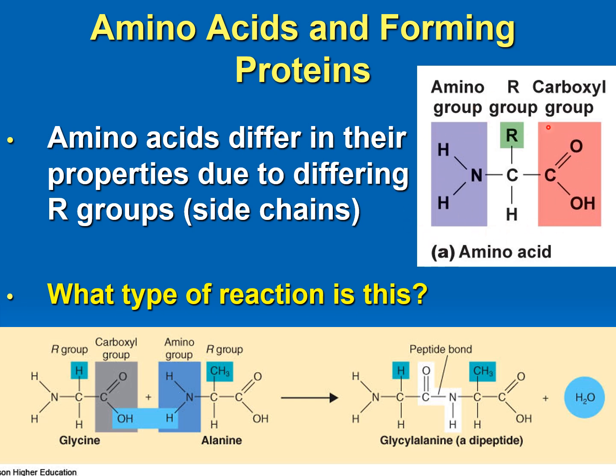There are actually 20 different amino acids that we can use to make up our proteins. And down here is showing the making of a protein. Hopefully you recognize this as a dehydration synthesis reaction: you can see that they're squeezing out the water molecule, dehydrating it to form the peptide bond to join the two amino acids together.